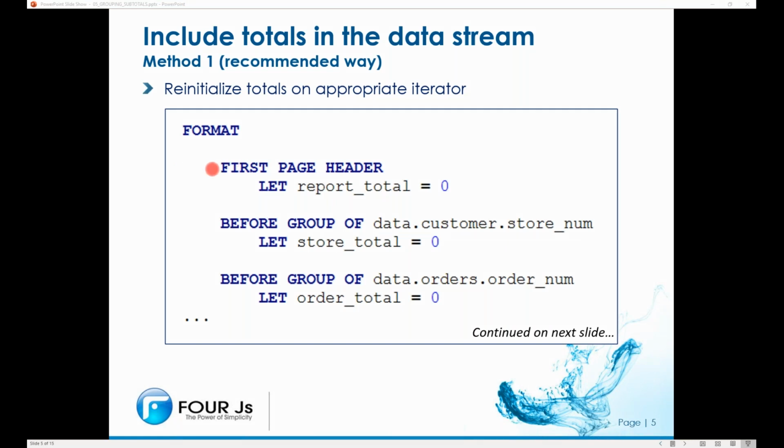At the very start of the report, I want to make sure that my report total is equal to 0. Every time a store number changes, I want my store total equal to 0. And every time my order number changes, I want that order total equal to 0. That sets up my initialization on the appropriate iterators, using the control blocks of first page header and before group of.